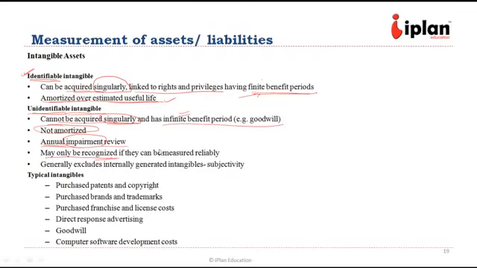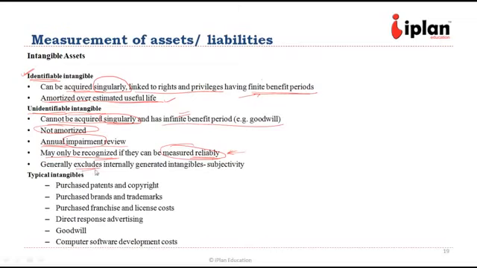They may be recognized only if they can be measured reliably. So that is important. For example, goodwill can be recognized only in the case of acquisition. Otherwise, the goodwill of the firm cannot be known. So it cannot be recognized.